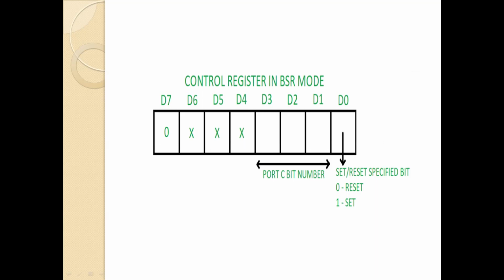Here you can see that whenever it is operating in the BSR mode, the D7 bit is always 0. The D0 bit is set or reset, and D3, D2, D1 decide which bit of port C is operating.